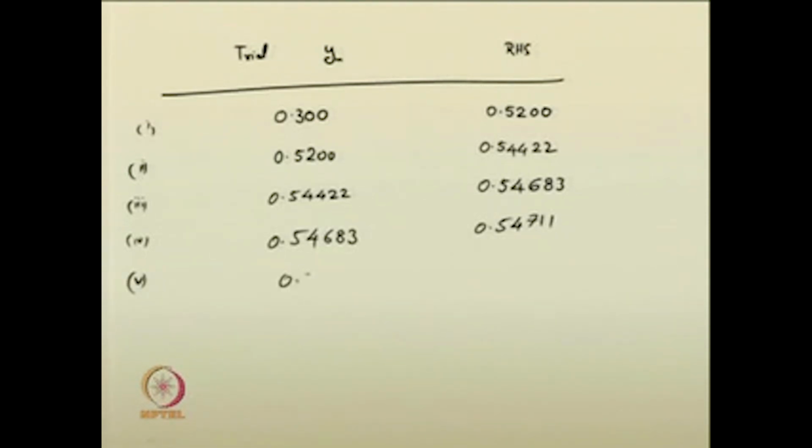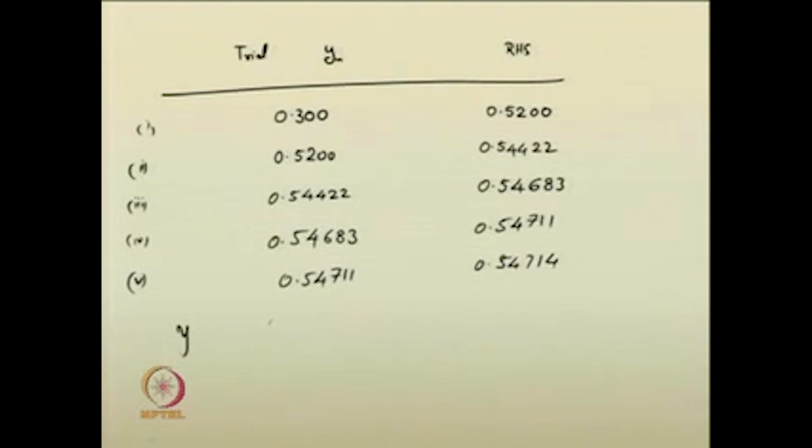If you want, you can again go for an iteration, but it is almost converged. In open channel flow, in such large scale problems, you need not go further. Consider that 0.547 could be the answer. So, I am not going further.